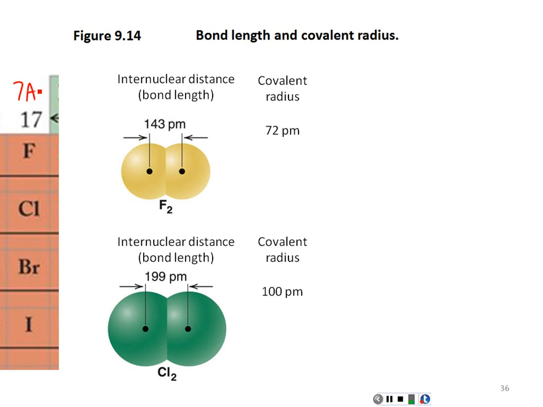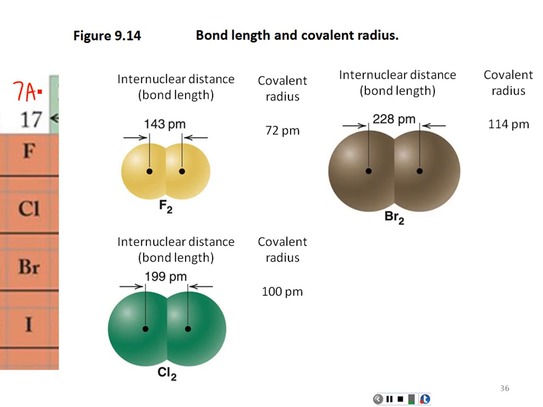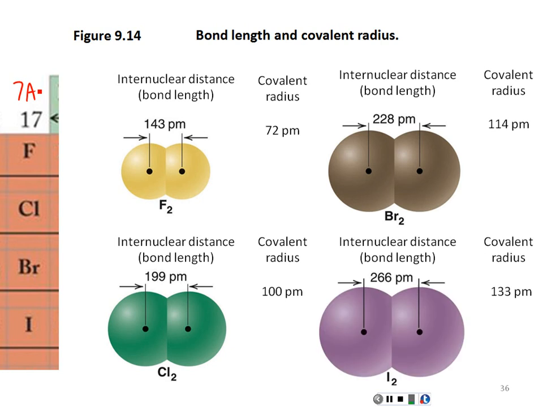Now when we move one element down in that group to chlorine, in Cl2, that internuclear distance has increased to 199 picometers. And we can see this trend continue with bromine, up to 228 picometers, and iodine, it's up to 266. So as we go down a group in the periodic table, bond length is getting larger and larger. And conversely, bond strength is getting smaller and smaller.